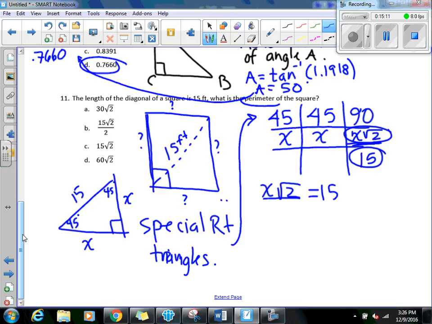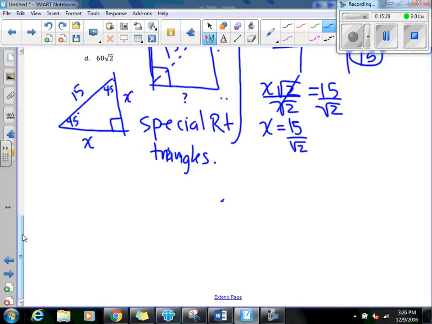So if I undo this math here and get the x by itself, then I'll be able to find the perimeter. Now the problem with this answer is that we cannot leave a radical in the denominator. So we have to rationalize the denominator. So in order to do that, I'm going to multiply the bottom and the top by the square root of 2.